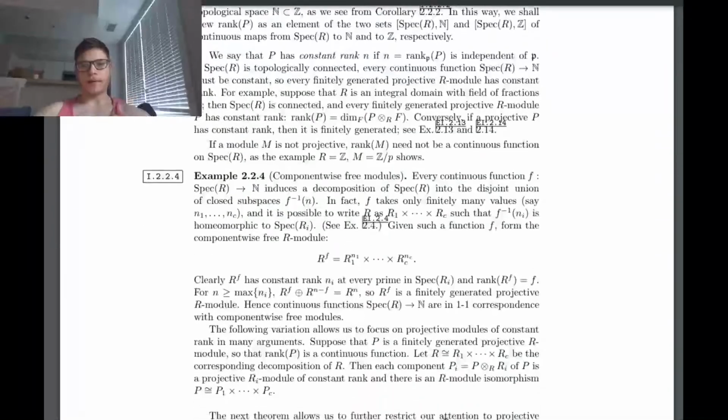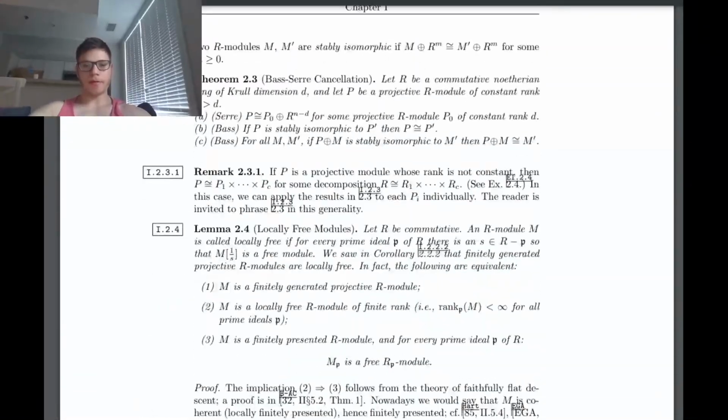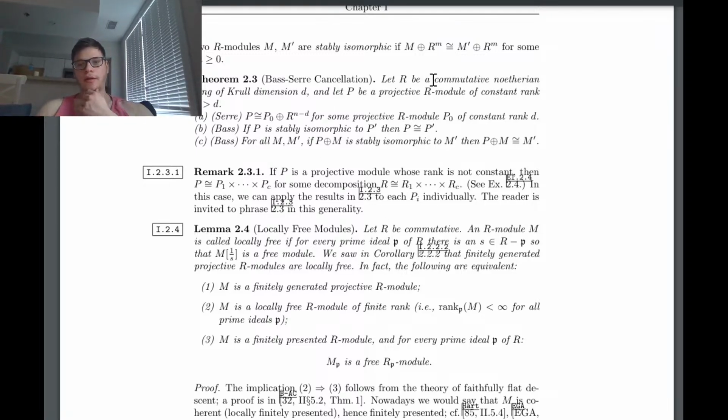Okay. Now I don't care about this stuff. So Bass-Serre cancellation, this is interesting. Let R be commutative Noetherian of dimension D, and let P be projective of constant rank N. Said that if P is P0 plus R^(N-D) for P0 projective of constant rank, said that this is always true.